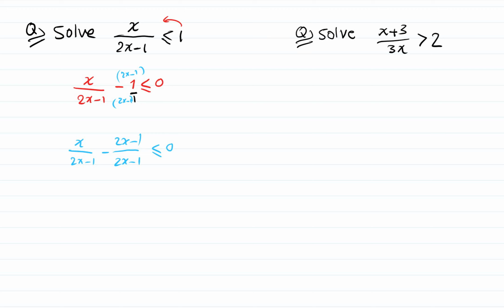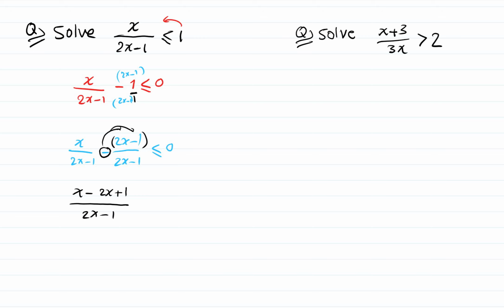Now you have a common denominator, you can combine them and you will get x, but remember you have a negative. Since you have a negative, put brackets, because this negative applies to all its terms. So we need to multiply the negative inside the bracket. So we have x minus 2x plus 1 over 2x minus 1.